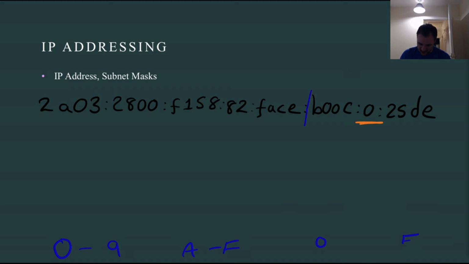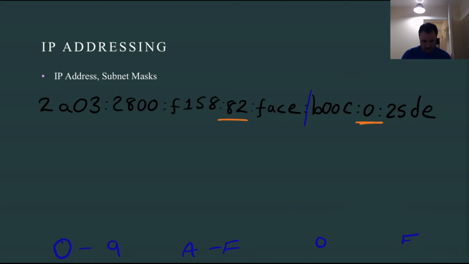Fundamentally there are two rules with abbreviating IPv6 addresses. We can take away the leading zeros, and if there are groups of zeros together, we can reduce them down to a single zero space, providing there are no other letters or numbers in between, and we can only do that once in an address.